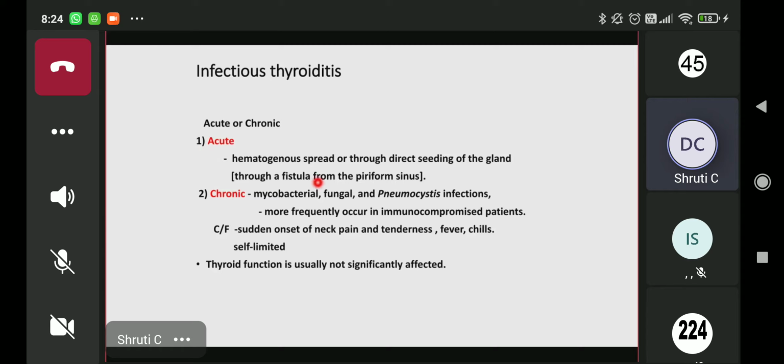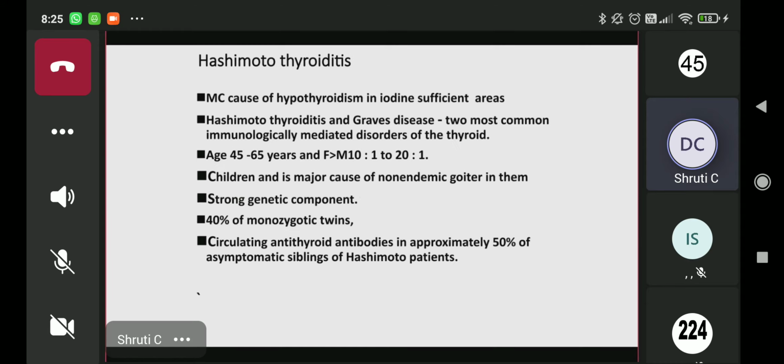So, for example, there is a pyriform sinus, and through a fistula, there is a direct infection into the gland, leading to inflammation. Or it could be chronic due to mycobacterial, fungal, or pneumocystic infections. More commonly, it is seen in immunocompromised patients. So there will be sudden neck pain, tenderness, fever, chills, etc. But thyroid function is not significantly affected.